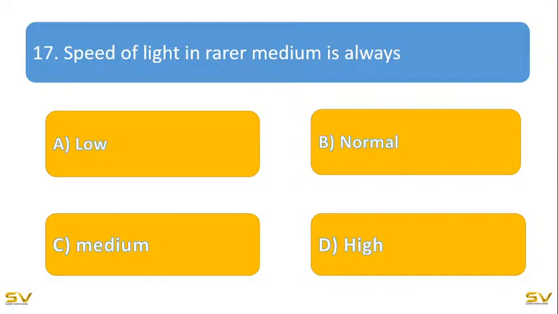I think one member typed the answer instead of seeing the options. Speed of light in rarer medium: is it low, is it normal, is it medium, or is it high?